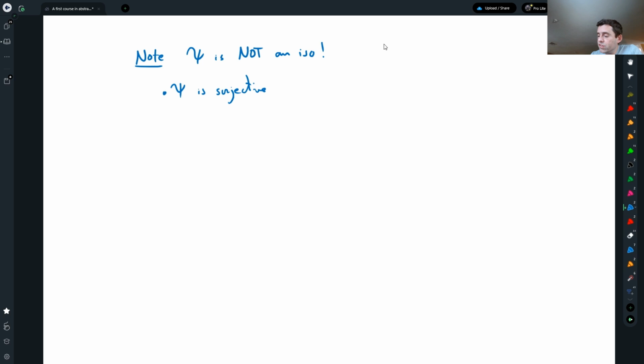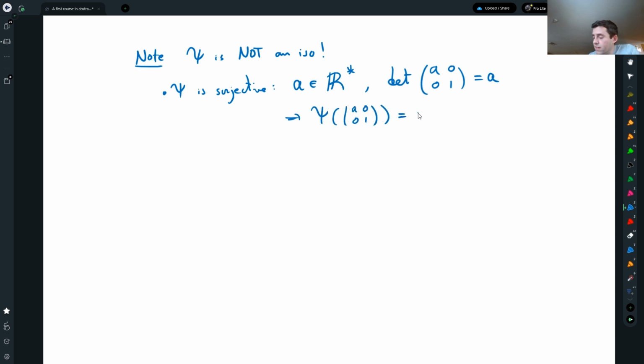If I have some non-zero real number A, I want a matrix whose determinant is exactly A, but I can say, well, the determinant of the matrix A001 is A, and therefore psi of A001 is A, and therefore psi is surjective.